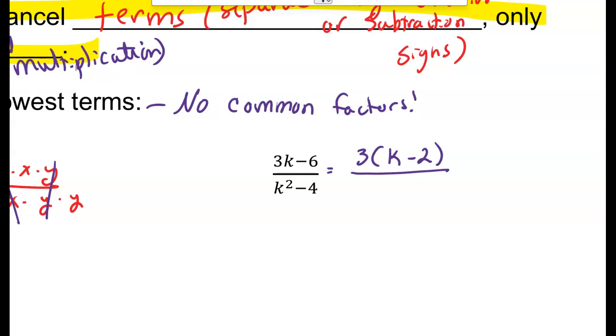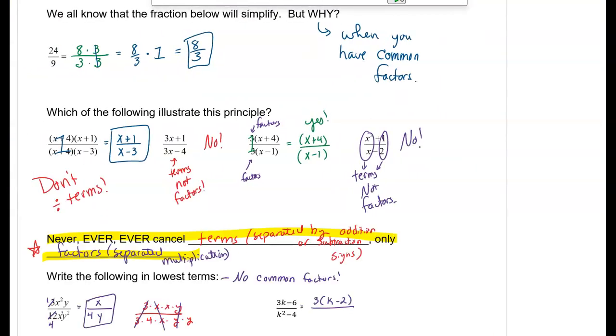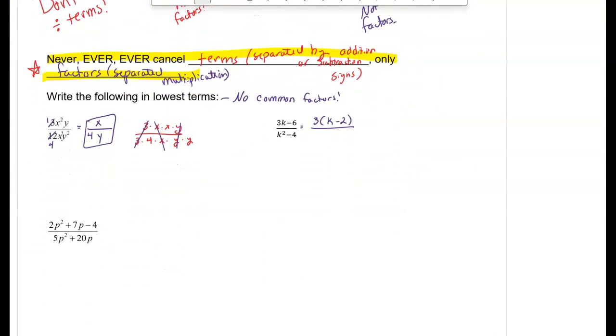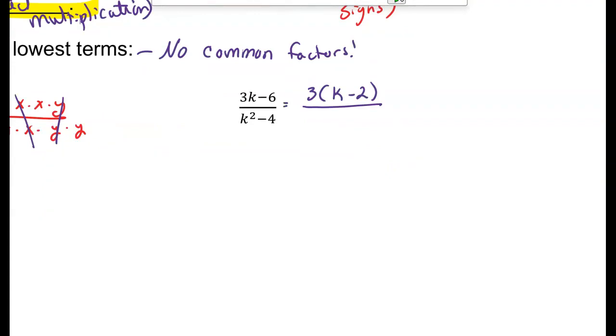Completely factor. Can we factor the bottom? Yes. Yes. People, is this a difference of squares? All right, so we have k plus 2 times k minus 2. Do we have any common factor now?